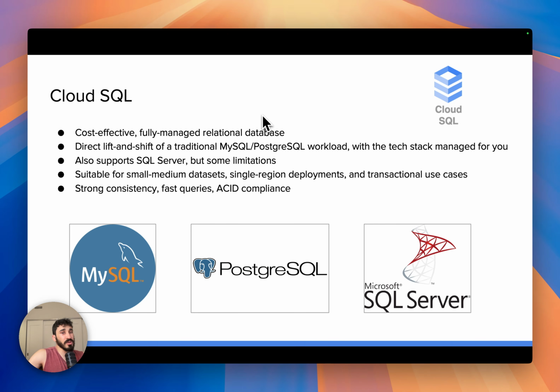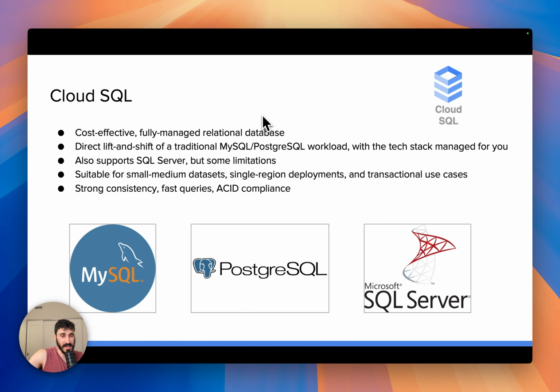Cloud SQL is particularly suitable for small to medium-sized data sets. I believe the limit on a Cloud SQL instance is like 64 terabytes of data. It's good for single region deployments, good for transactional use cases, OLTP processes. It's got strong consistency. It's ACID compliant, if you know what that is.